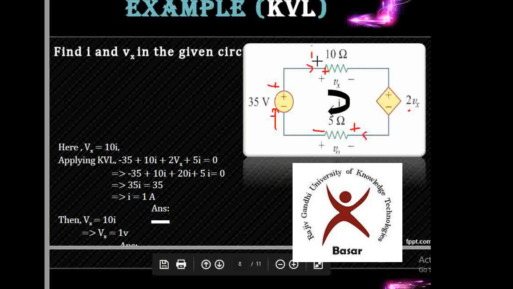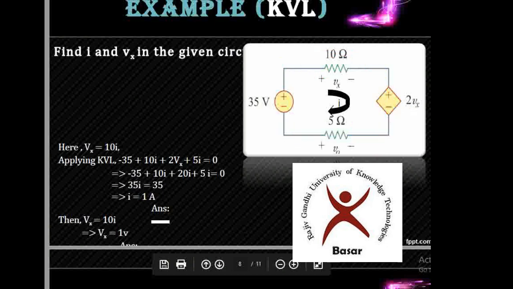For the voltage source we can directly write plus 2Vx, and for this resistor, plus 5I. So minus 35 plus 10I plus 2Vx plus 5I is the closed loop KVL expression.